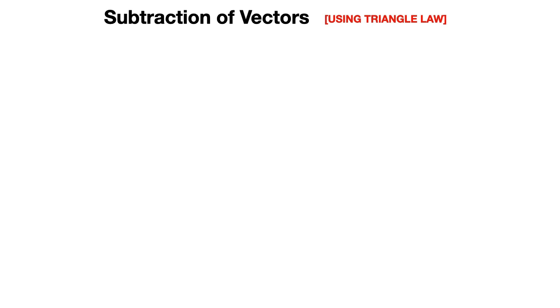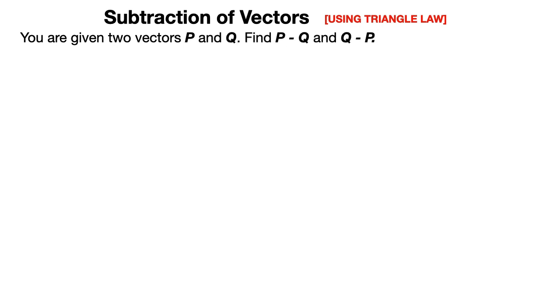Now coming to the next important part, the subtraction of vectors using triangle law. You are given two vectors P and Q. You have to find P minus Q and Q minus P, that is, subtract vector Q from P and P from Q. These are two different questions.